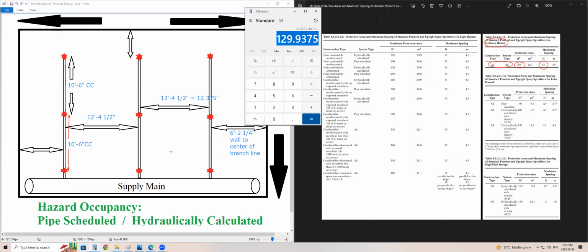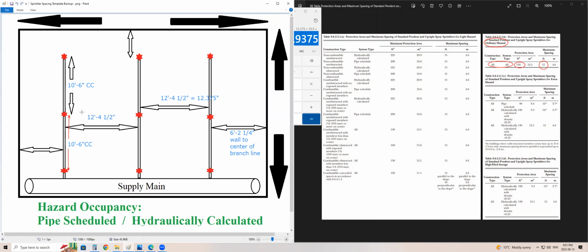So there you go. We achieved it, right? So I showed you different numbers that you can use. I showed you how to do the math accordingly for spacing them, right? I showed you based on the maximum, we are allowed to go 15 feet. Instead of going 15 feet along heads or along branch lines, it wouldn't matter which way I went, but I said, let's go with 10'6", and then, oh, I guess I should have added one more measurement.